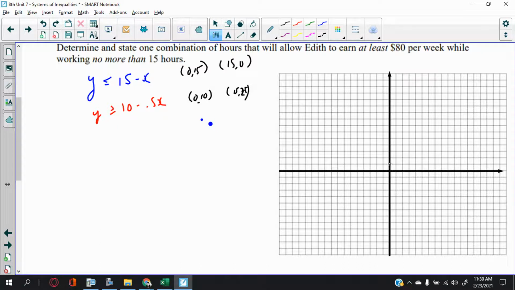We might actually just go up by 1. Yeah, I think we can do that. 1, 2, 3, 4, 5, 6, 7, 8, 9, 10, 11, 12, 13, 14, 15. Wow, right on. Okay, 15, 0: 1, 2, 3, up to 15. All right, let me connect those.